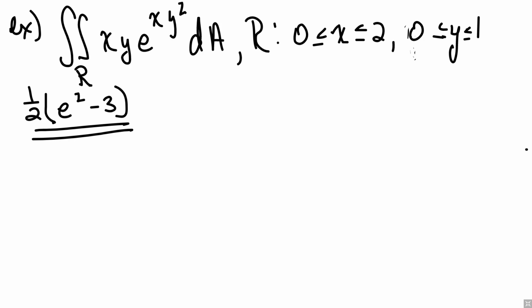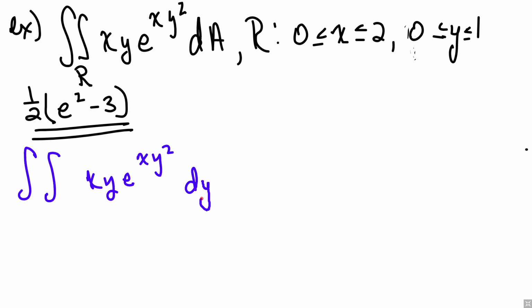Okay, so the way I'm going to set this up is I'm going to have my double integral of xy e to the xy squared, and I'm going to do dy then dx. So I'm going to have from 0 to 1, then from 0 to 2.